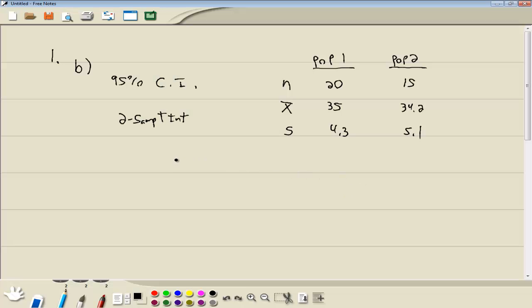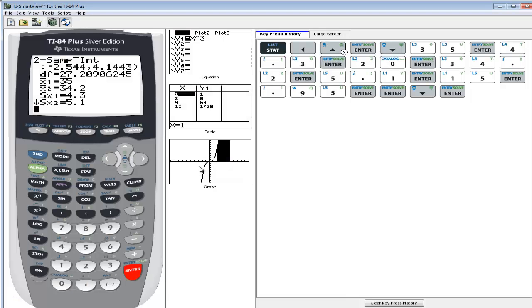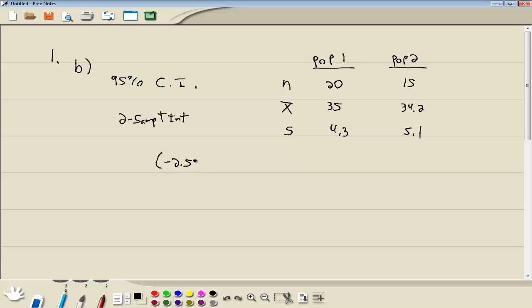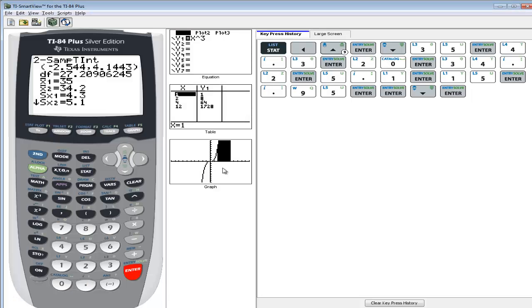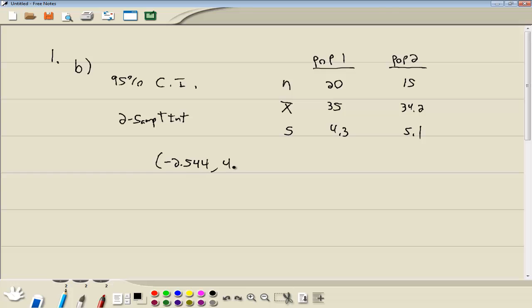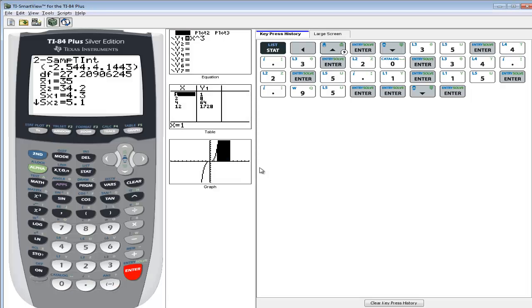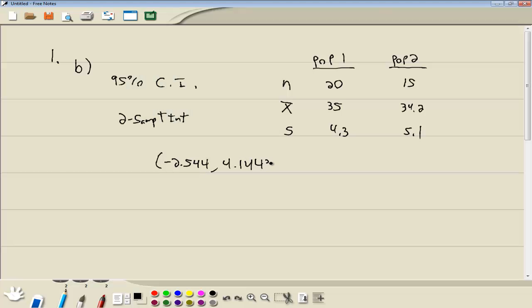Okay. So our confidence interval would be negative 2.544, comma, 4.1443. Now this is not the confidence interval of the average of these.